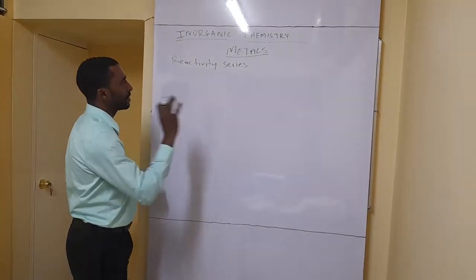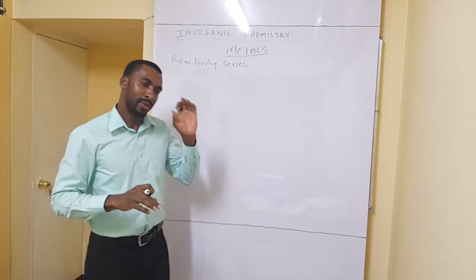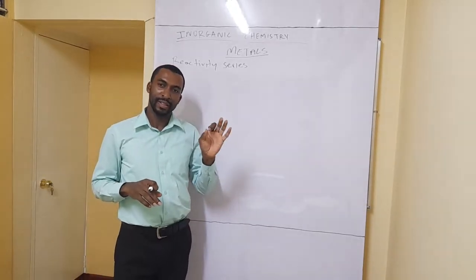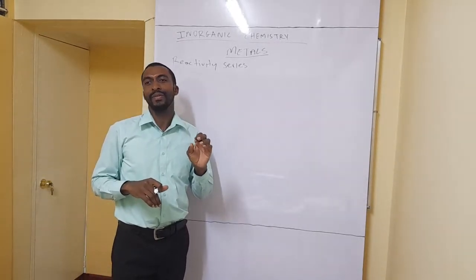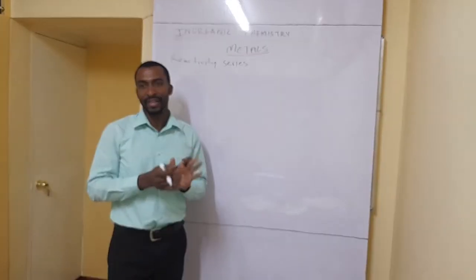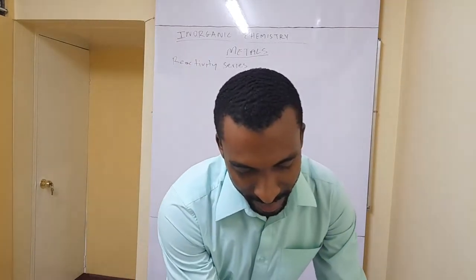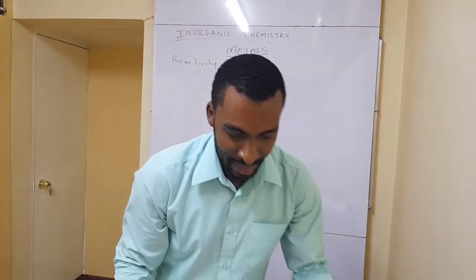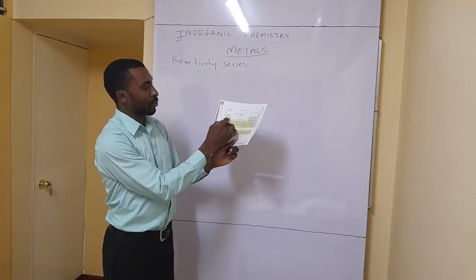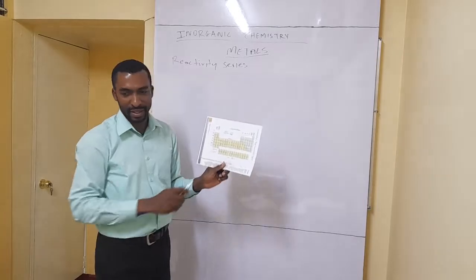In general, the principle of the reactivity series is group 1 metals first, most reactive, then group 2 metals second in line, then group 3 metals third in line, and then the transition metals. The transition metals are those metals between group 2 and group 3 of the periodic table.